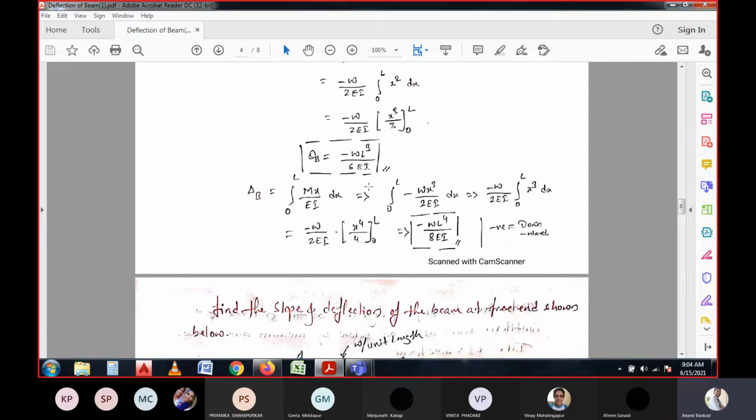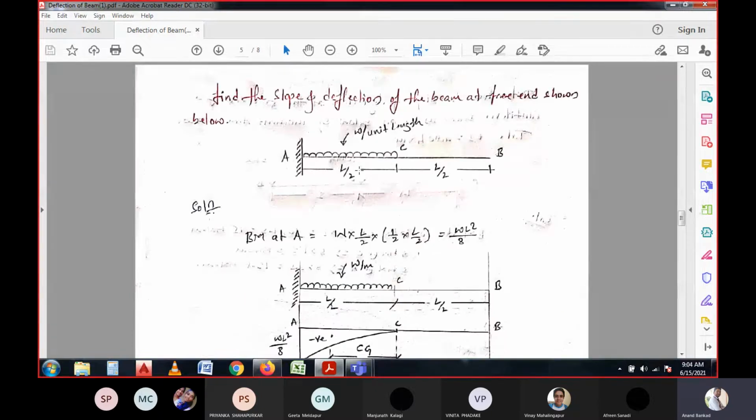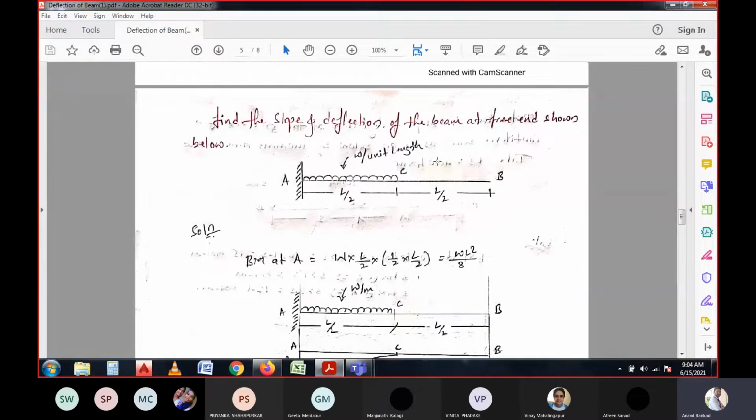But now the same span carries the UDL on only half of the span, and the remaining is empty. So in that case, how exactly does the procedure go?